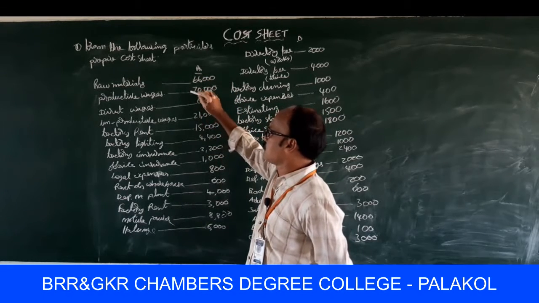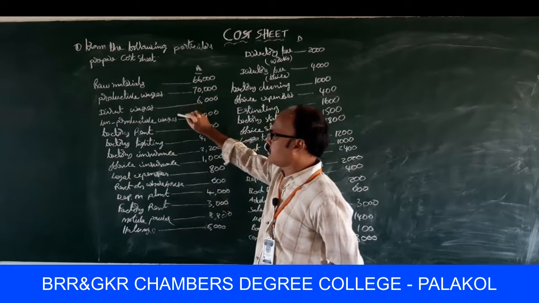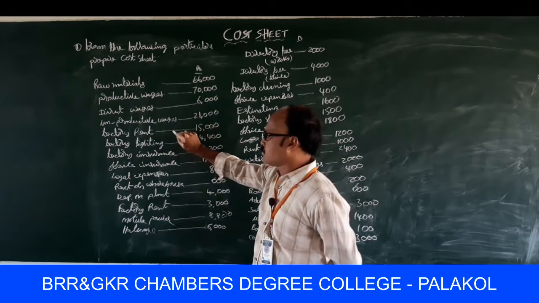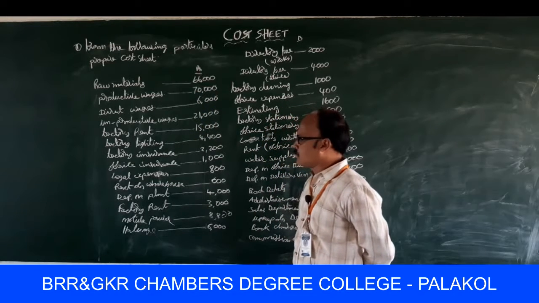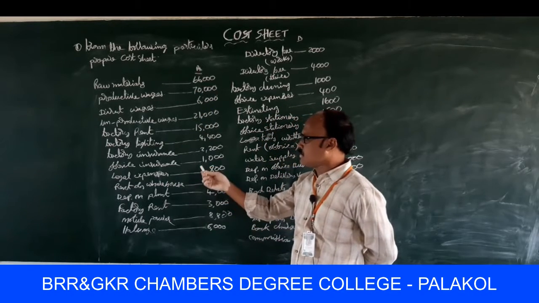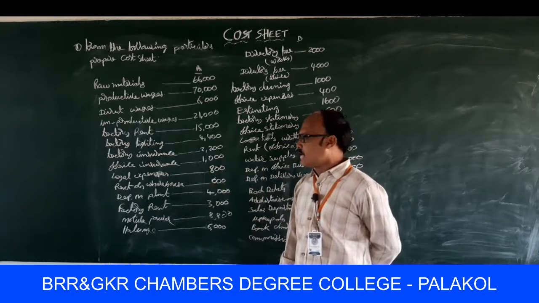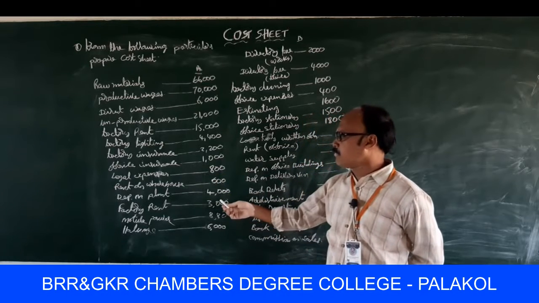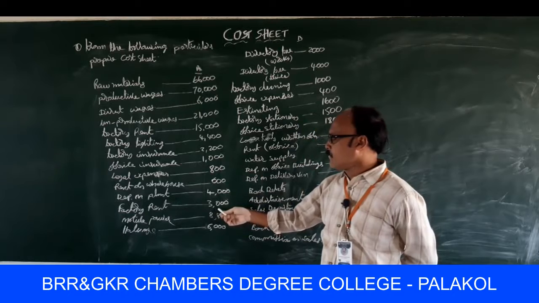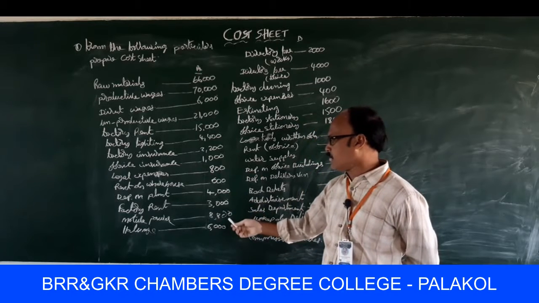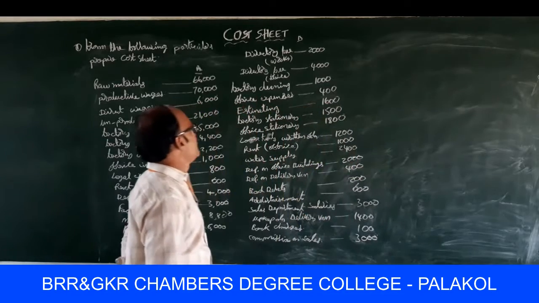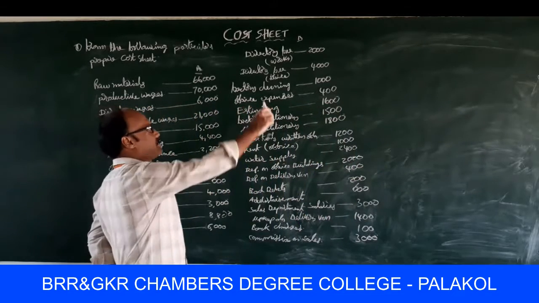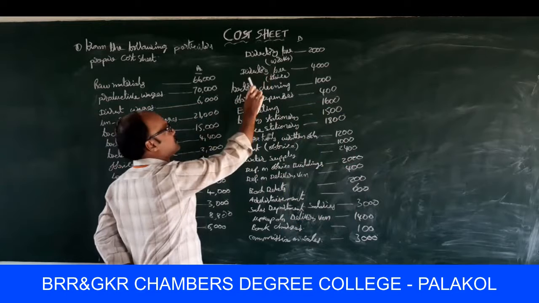Raw materials, productive wages, direct wages, unproductive wages, factory rent, factory lighting, factory insurance, office insurance, legal expenses, rent of warehouse, depreciation on plant, factory rent, motive power and haulage. Director's fees, works, nothing but factory.